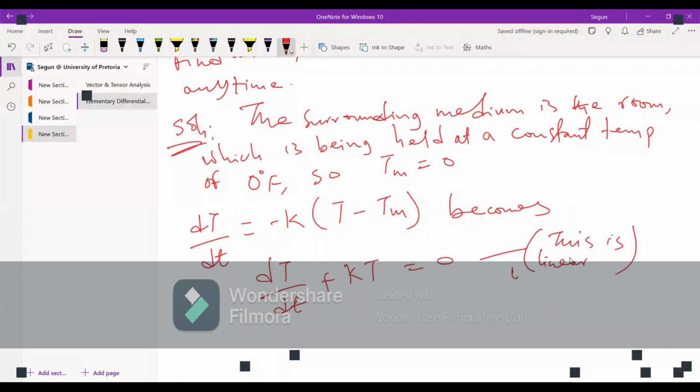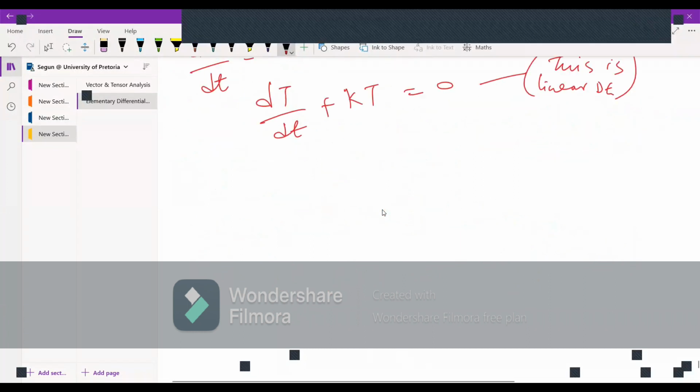In this case, this is a linear differential equation. So we can go ahead and solve this one. We call this equation 1. First thing is to use separation of variables. Remember, all T will go to themselves.